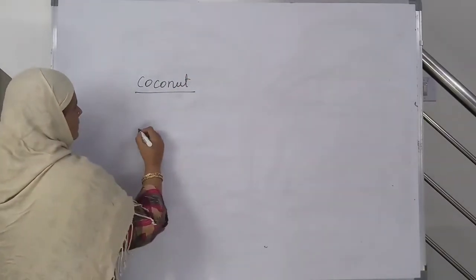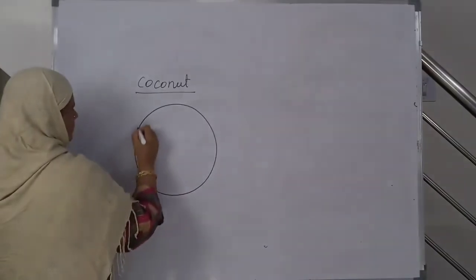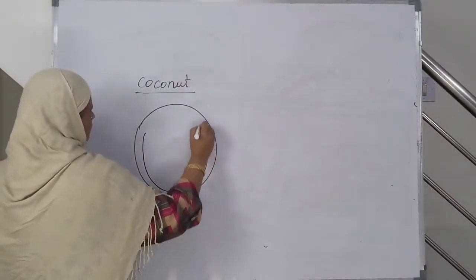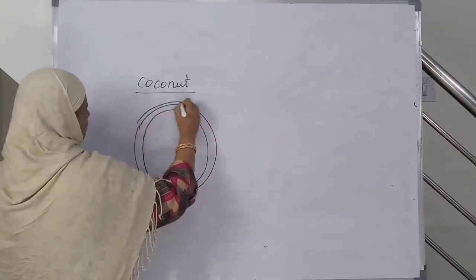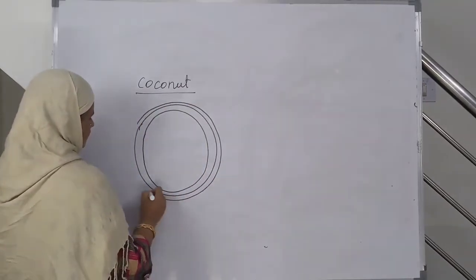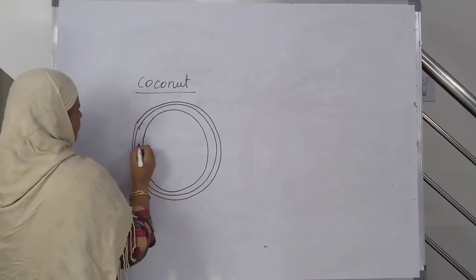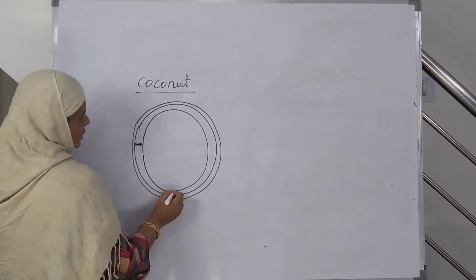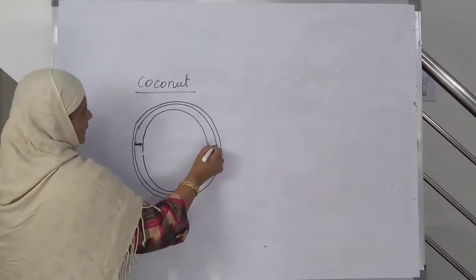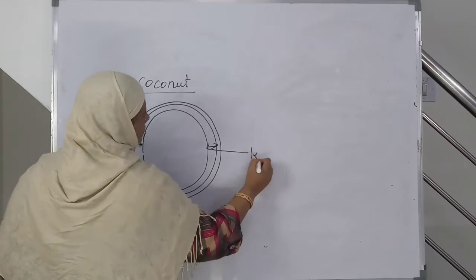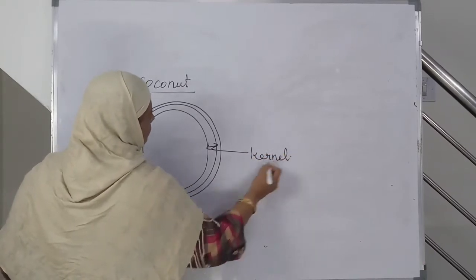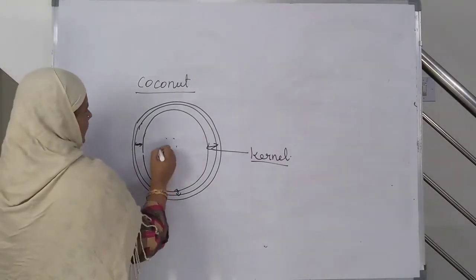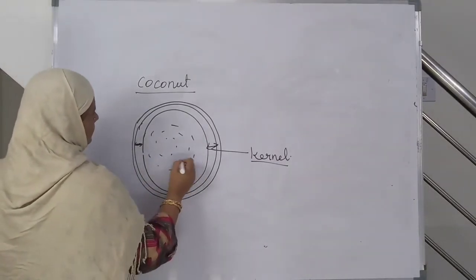In coconut, this is the white portion. The entire white portion is the kernel of the coconut, and here water is present.